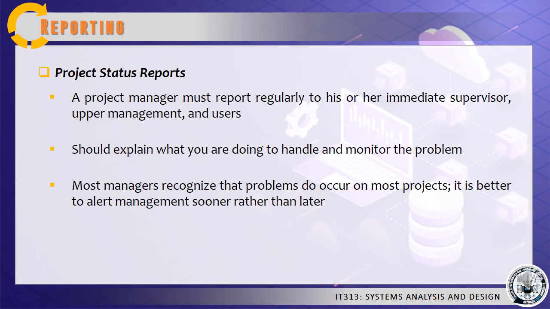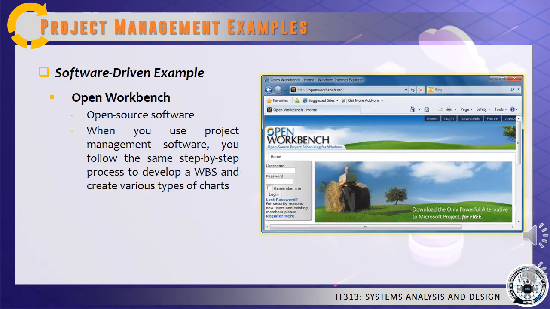Most managers recognize that problems do occur in most projects. It is better to alert management sooner rather than later. In other words, it is the project manager's responsibility to inform whatever is happening with regards to the development of the project.